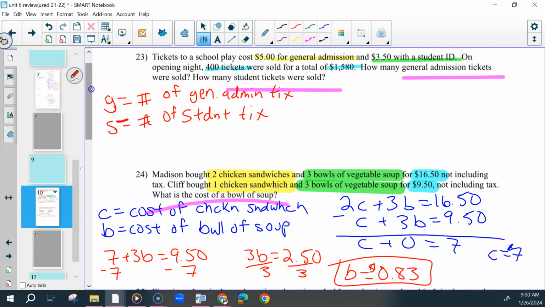And then in this problem, you're given 4 numbers, so 3 of them go together and 1 is going to be off by itself. How do we set up one of these equations?